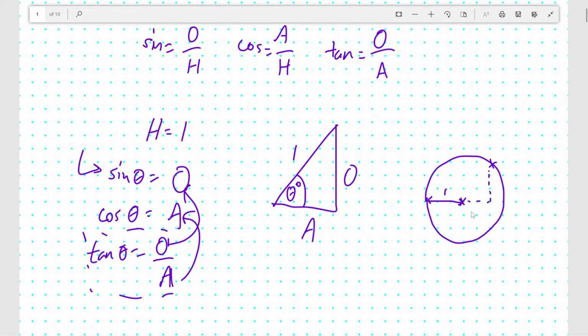So if we call this the delta x and the delta y, you get a right angled triangle where this is 1, and so this is the x coordinate, this is the y coordinate, and 1 squared must equal x squared plus y squared as per the Pythagorean theorem, and so the unit circle is the graph of x squared plus y squared is equal to 1.